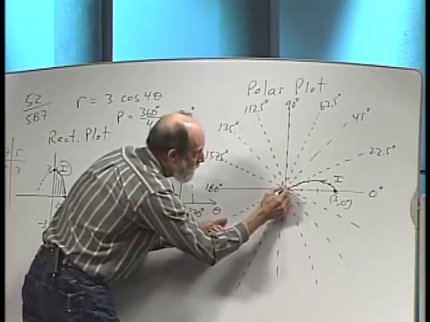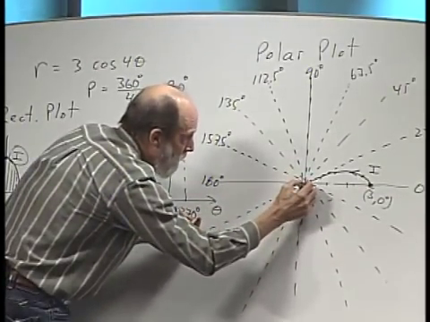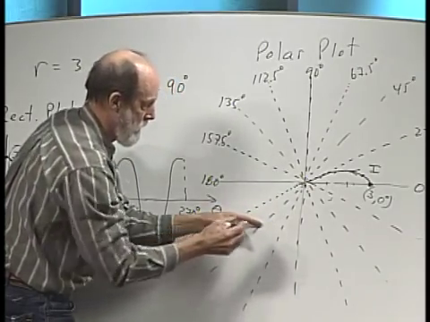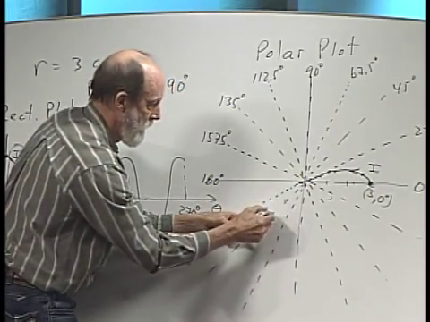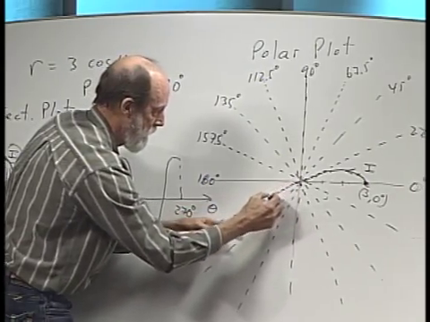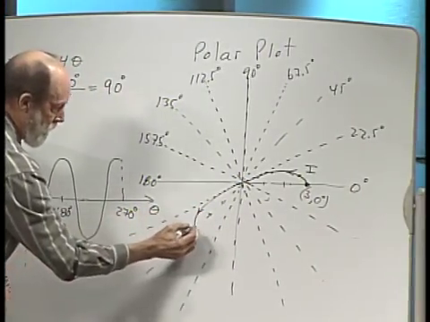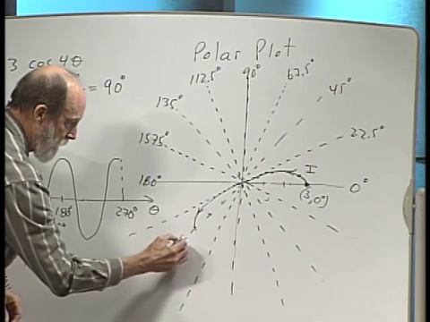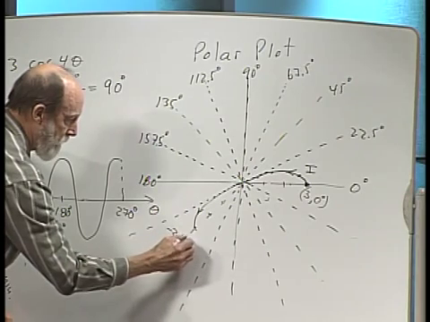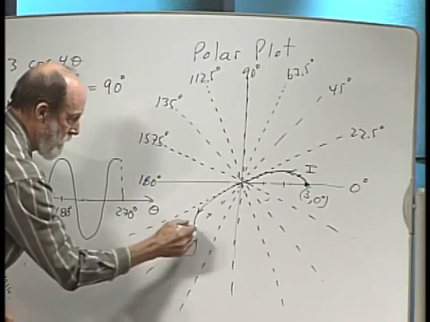So we come off this tangency on the 22.5 degree line, and the radiuses grow out to -3: -1, -2, -3. The radiuses sweep out that way until we get to this point, which is an r reading of -3 at 45 degrees. Right there.